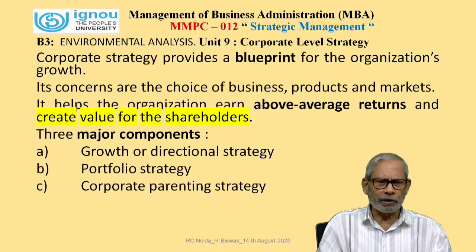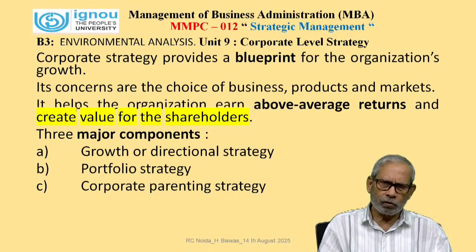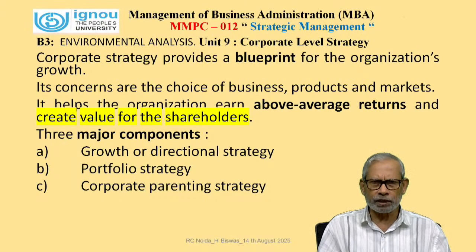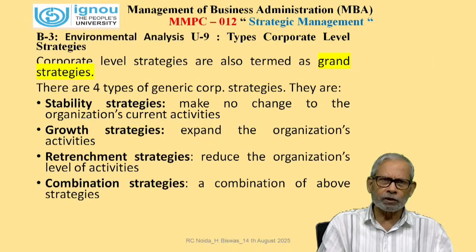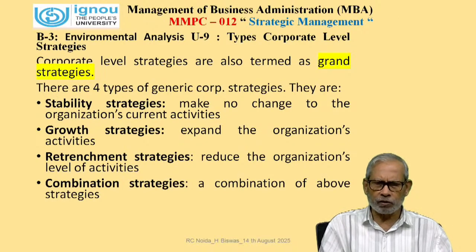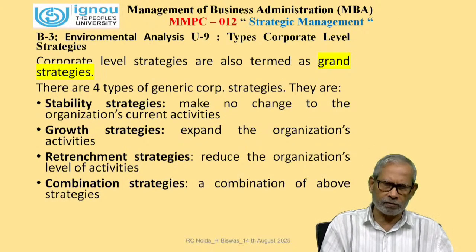The major components are the directional growth strategy, then your portfolio strategy, and your corporate parenting strategy. These are all the major components. Now, your corporate level strategies are also termed grand strategies.